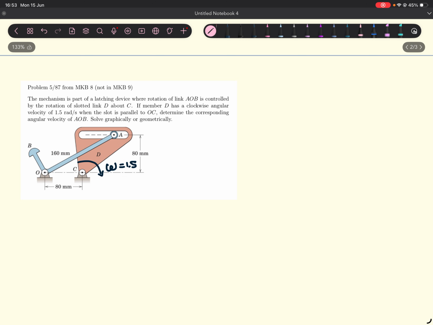The only information that we're given is that this thing, body D, has this angular velocity, and we're just given a bunch of dimensions, right? And yeah, so what we need to do is we need a point that's going to relate the motion of body D to the motion of this whole thing, right?